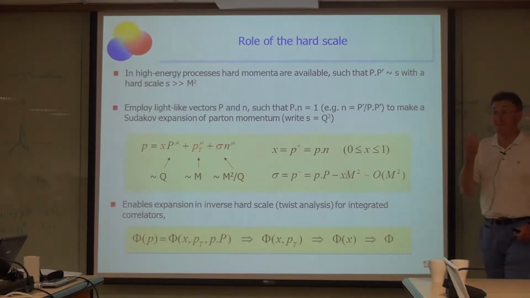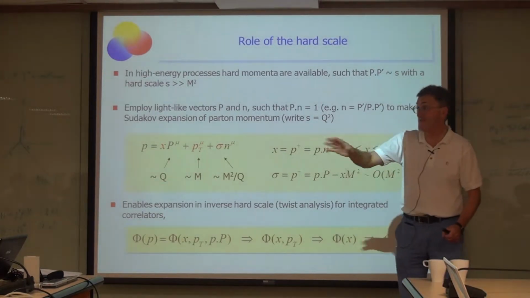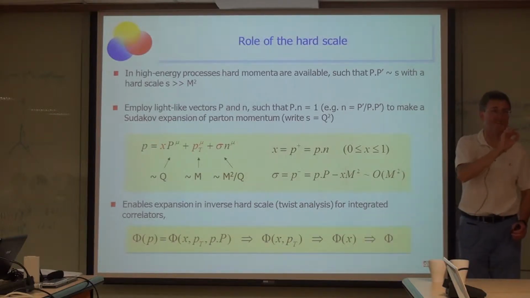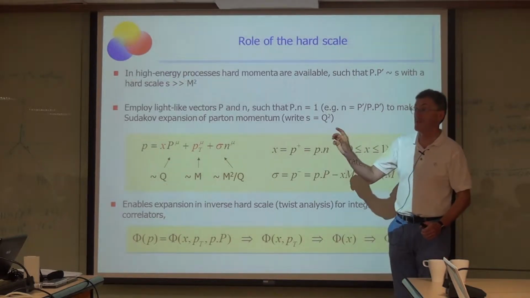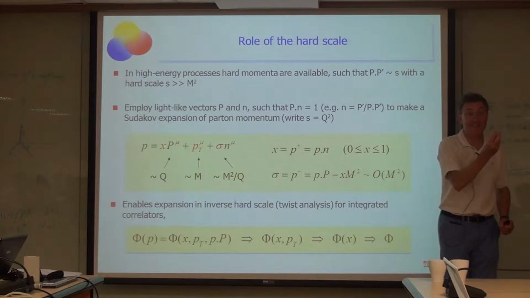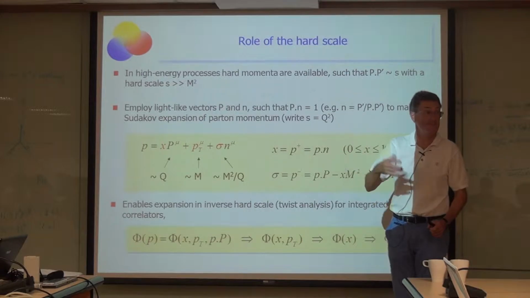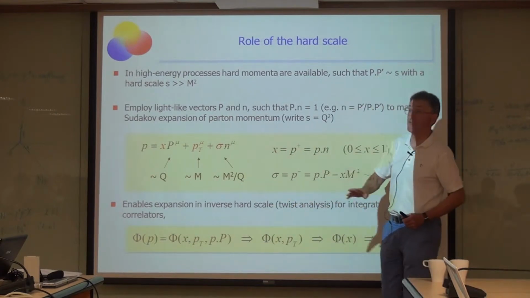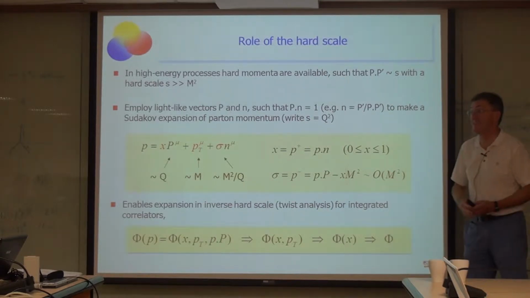You don't use x0 and x3, otherwise we will have to sit down this afternoon or on some occasion. You define x0 plus x3 as x plus. I do it as x0 plus x3 divided by square root 2, and x0 minus x3 over square root 2 is x minus, which means that x squared is now 2 x plus times x minus, and then if you have transverse directions, minus xt squared, depending on how you define it.